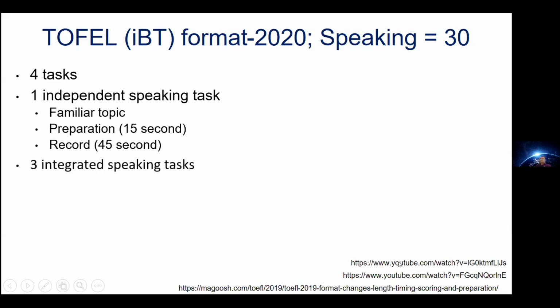And then there would be 3 integrated speaking tasks. What does this integrated speaking task mean? They would give you some reading, and then on the same aspect of the reading, there would be some conversation.